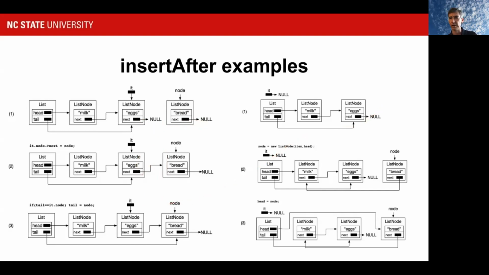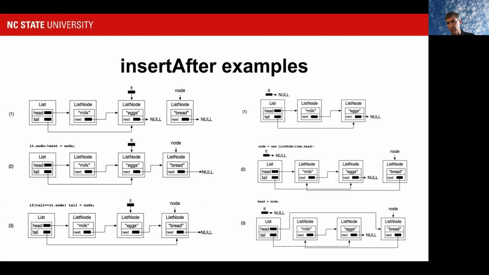Okay, and then over here on the right side of the slide, I'm showing the situation of inserting at the head of the list. So the iterator is null, and when I create this new node, I'm just drawing over here just for convenience.